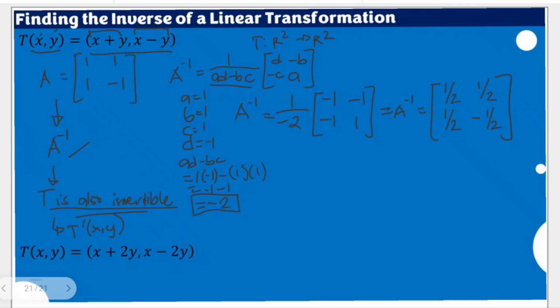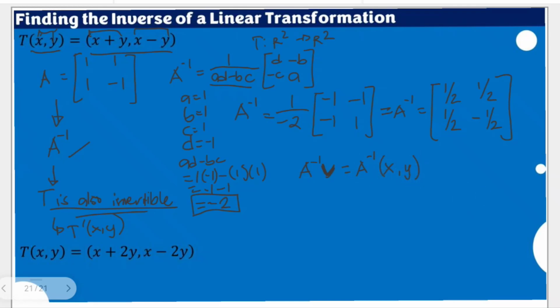How do we come up now with a linear transformation for this? After knowing the inverse of A, the process now is we're going to multiply our inverse with a certain vector V. In this case, our vector V has components x and y, so it would be with the same variables. In short, we have the inverse times V, which is x and y.